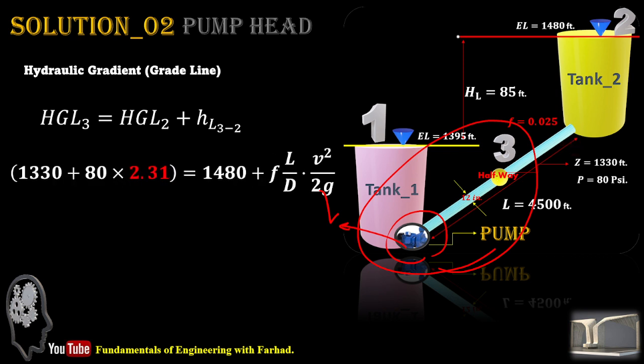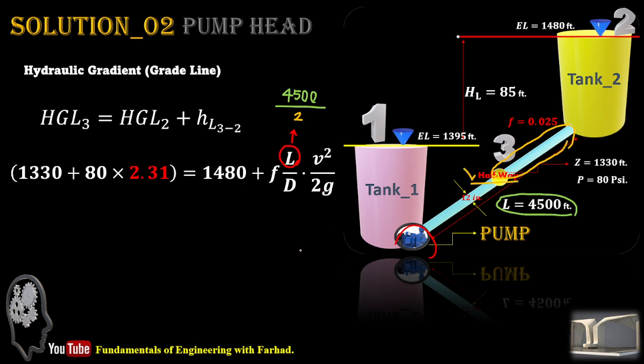So, like solution 1, HGL 3 halfway through is the elevation of that point plus pressure times 2.31, the conversion of psi to feet of water, which is equal to the height of water at point 2 plus the head loss from 3 to 2, which is halfway through the pipe.